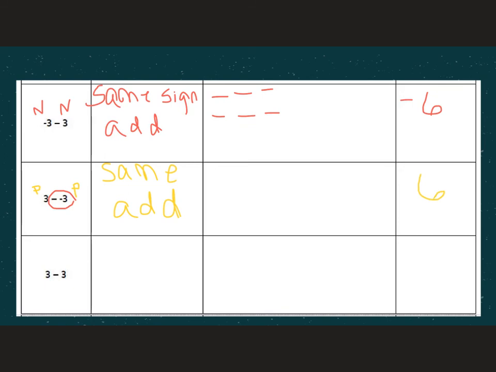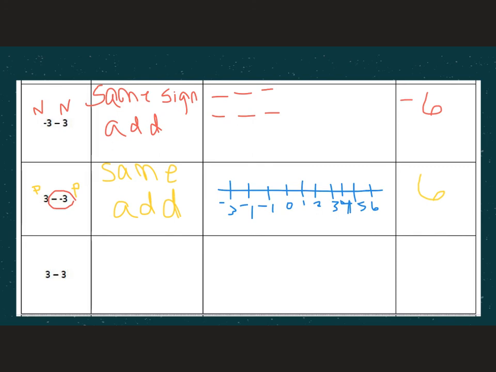This is a really good one to look at your number line. All right. So here's 0, and here's 1, and here's 2, and here's 3. Negative 1, negative 2, negative 3. Sorry. All right.